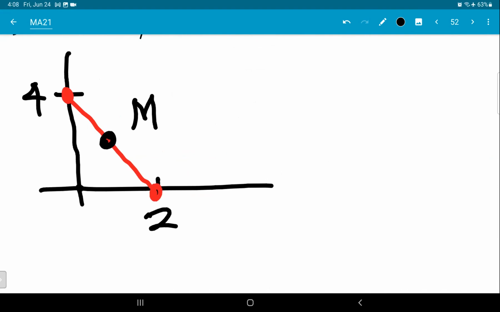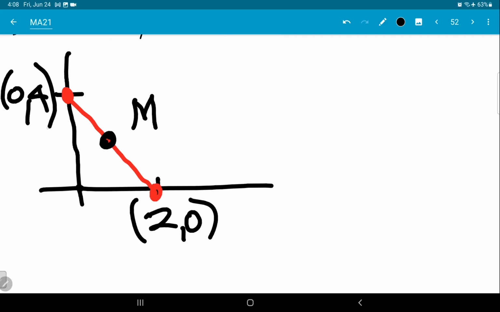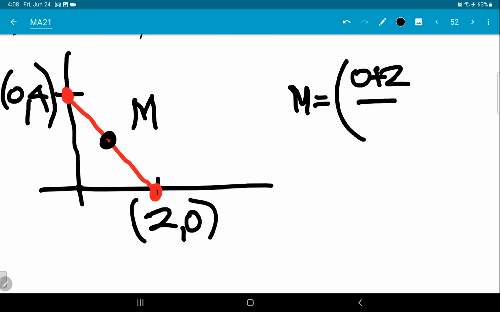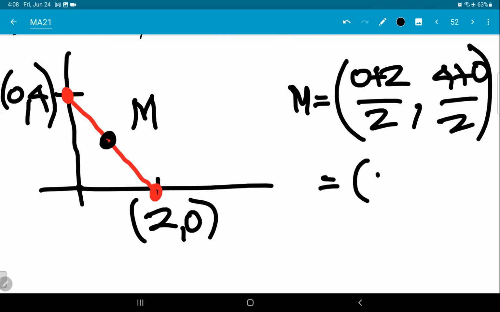Oh, ano yung midpoint formula natin? Yes. Pero bigyan mo lang ng coordinates yung dalawang points. Kailangan tama kung nasaan yung zero niya. So for this one, 2, 0. For this one, 0, 4. Then midpoint formula, so 1, 2.